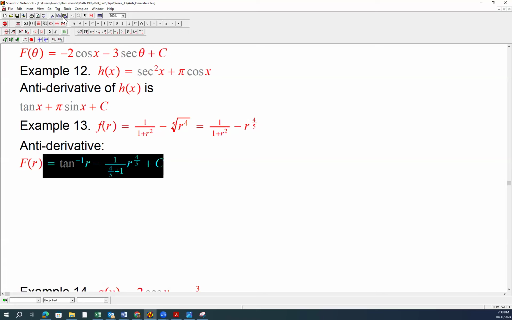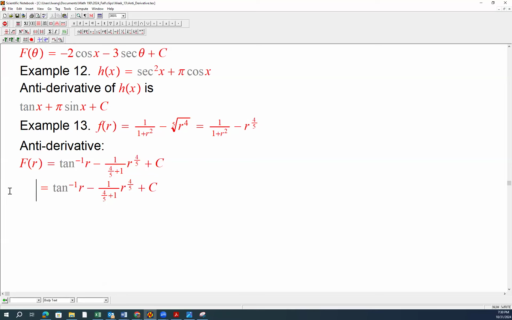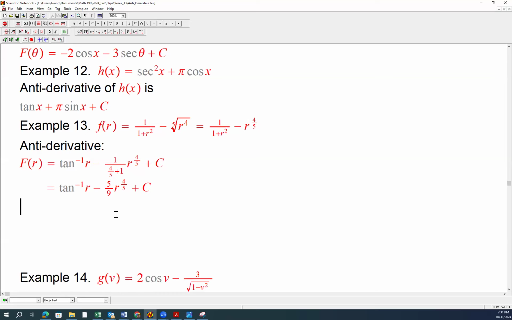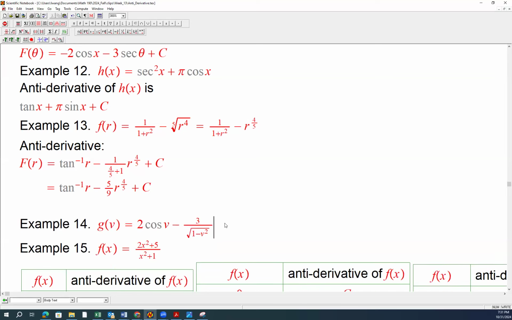Simplify, just one step away. Okay, simplify. This part is done. So here we have 5 over 5 for 1. So that's going to be 5 over 5 plus 4, that's 9. 1 over 9/5 is 5 over 9. Finished.